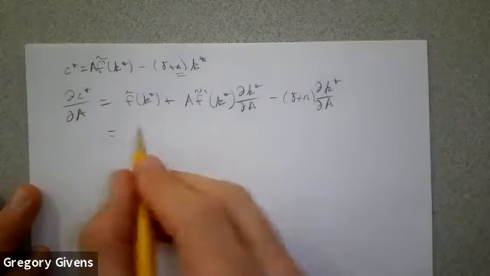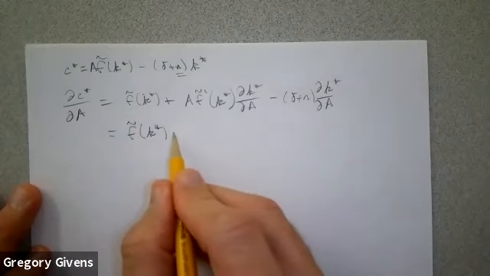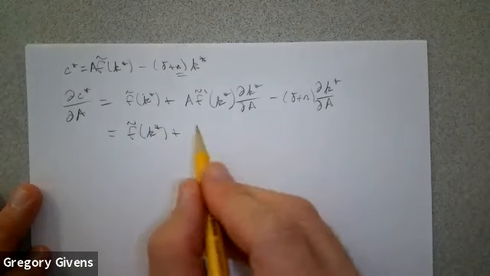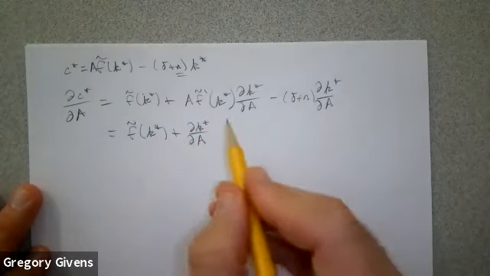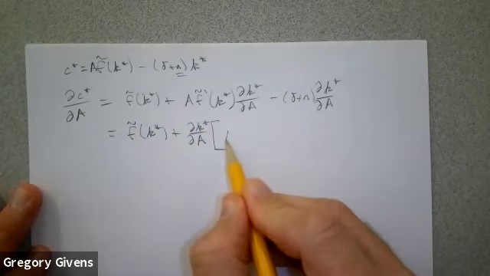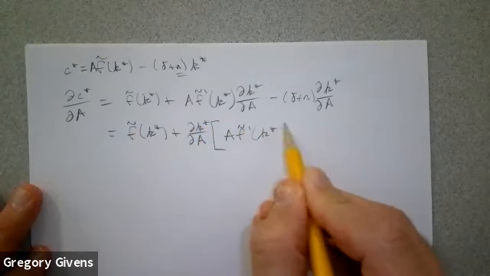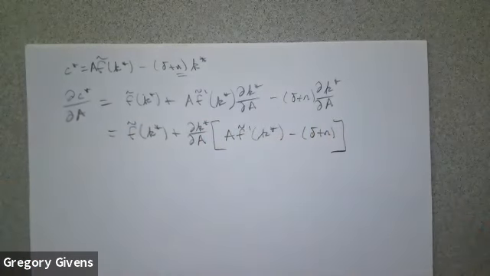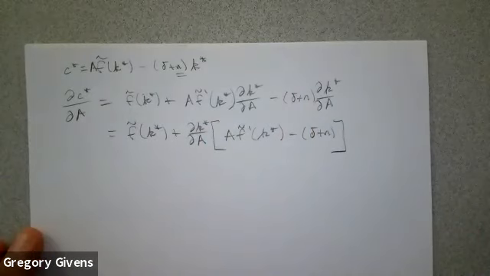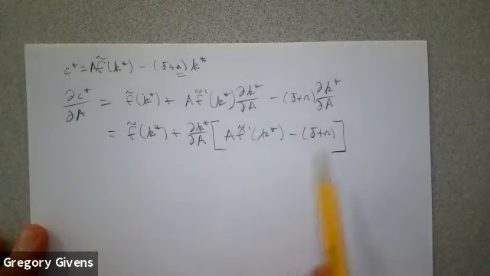If I group terms here, it would be F tilde of K star plus dK star dA, which we know is positive, times A F tilde prime of K star minus delta plus N. What's the sign of this? Positive plus a positive times a positive minus a positive.